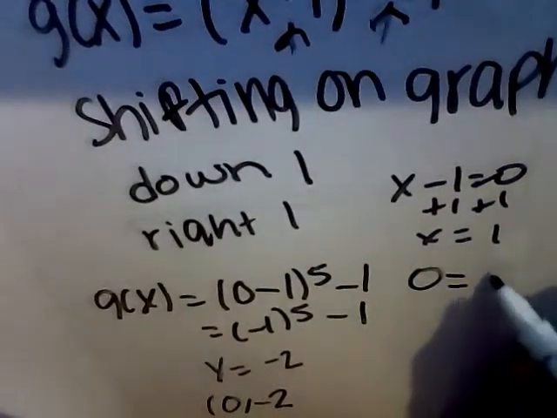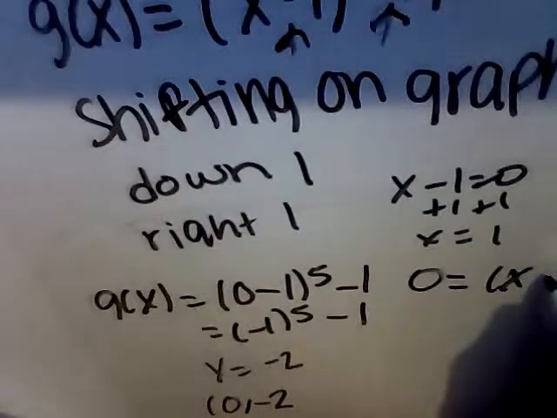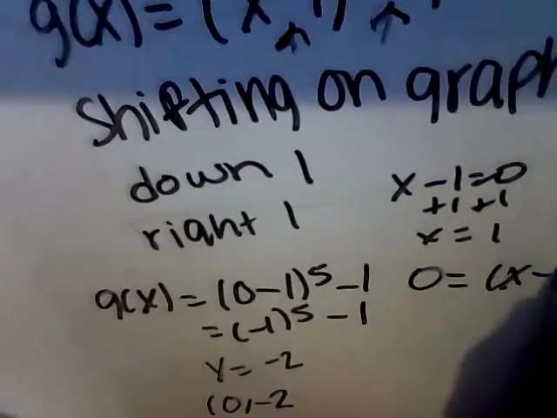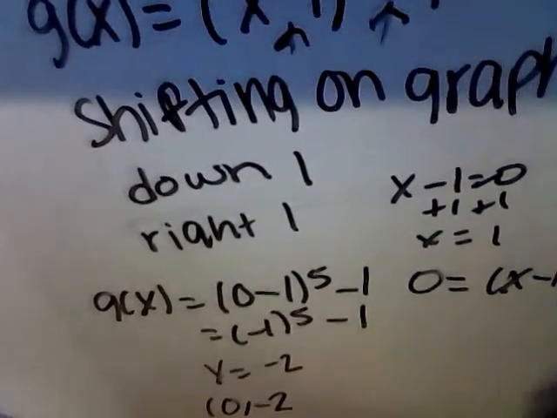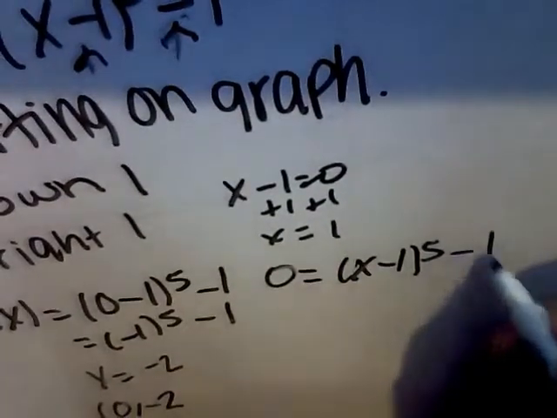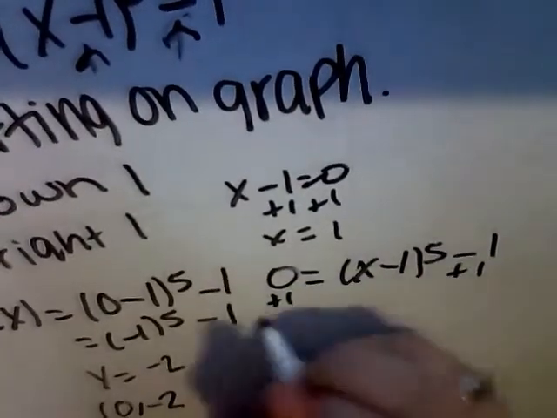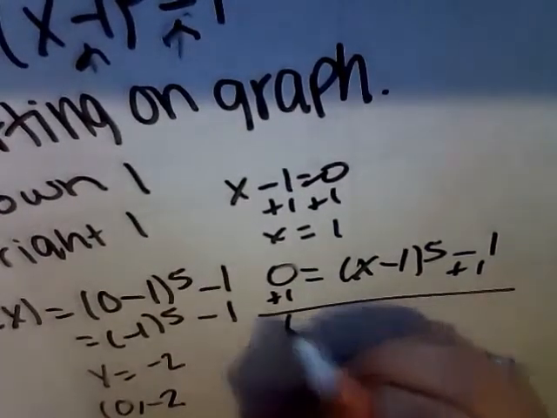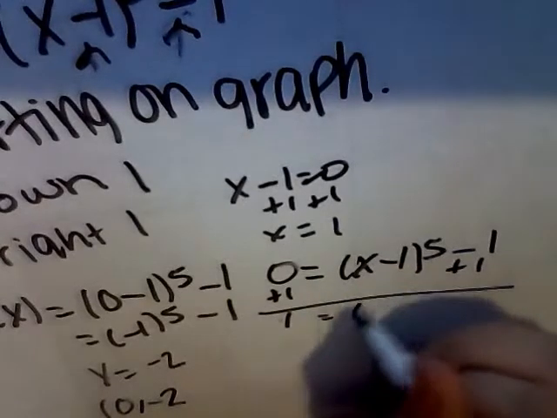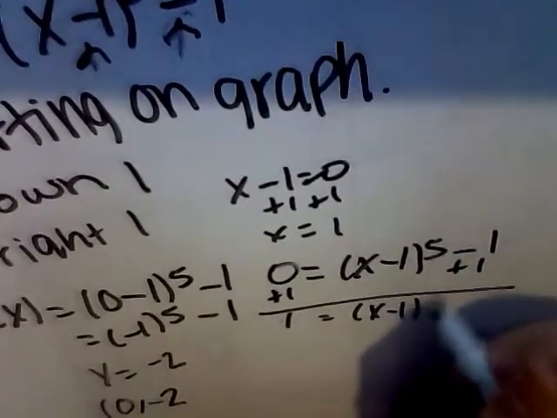And then to find the x, we're going to set the y to 0. So 0 equals x minus 1 to the 5th power minus 1. Add 1 to both sides. So we have 1 equals x minus 1 to the 5th power.